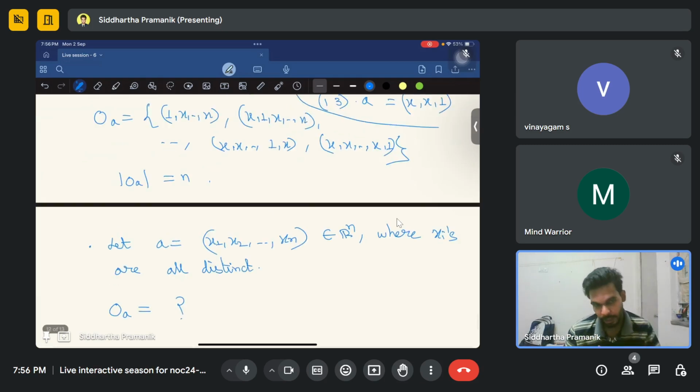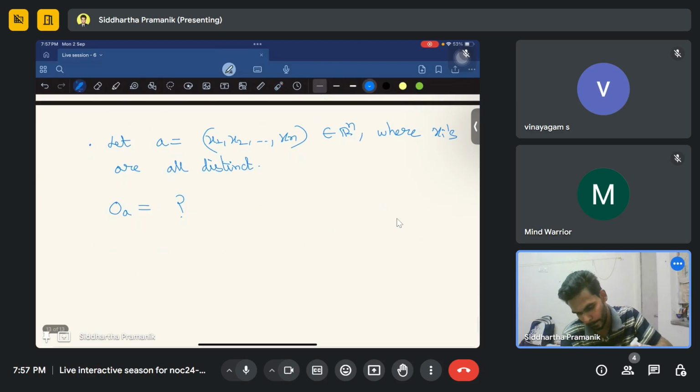So earlier we had just n elements in the orbit. Okay, so let's write the definition again. So it is just sigma dot A such that sigma belongs to Sn, means sigma varies over all elements of Sn.